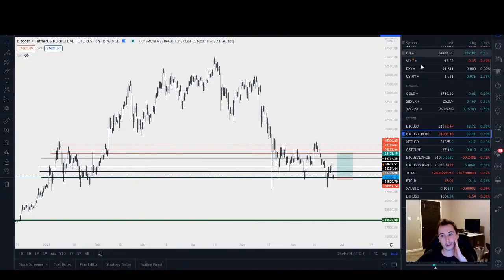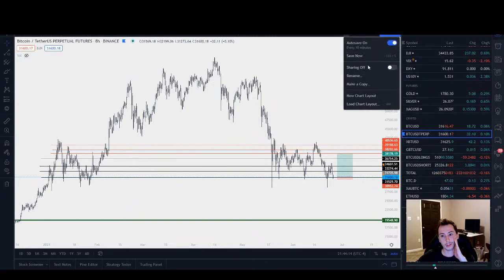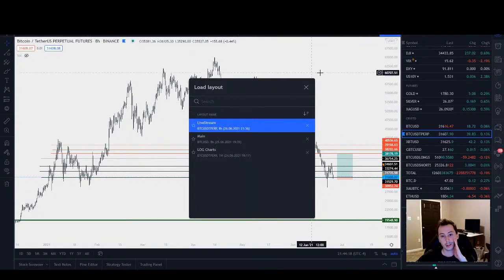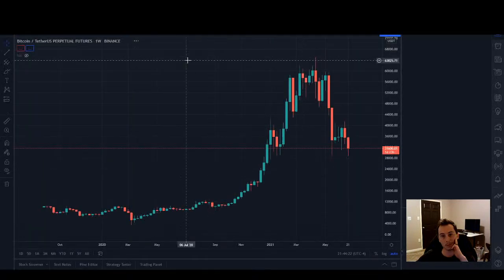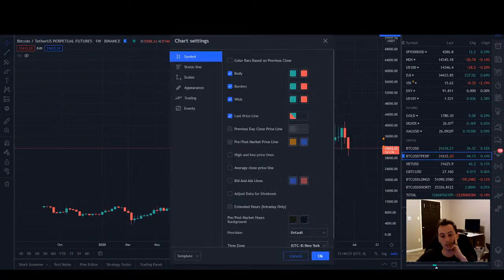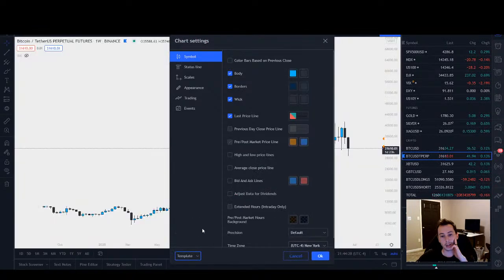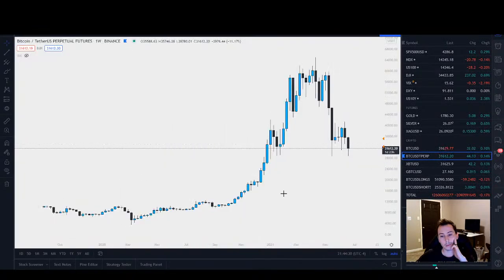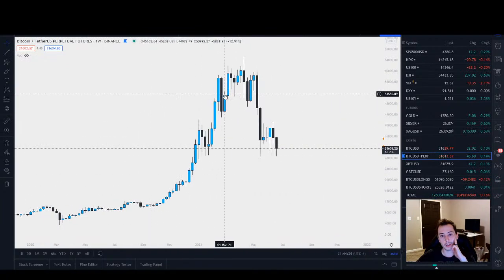Alright, let me show you something else that I found out. I'm going to switch over to another layout, and let's change this back to my normal template. Light mode, I prefer this. I'm able to see things a lot better on the white screen, even though it kind of hurts my eyes at night.